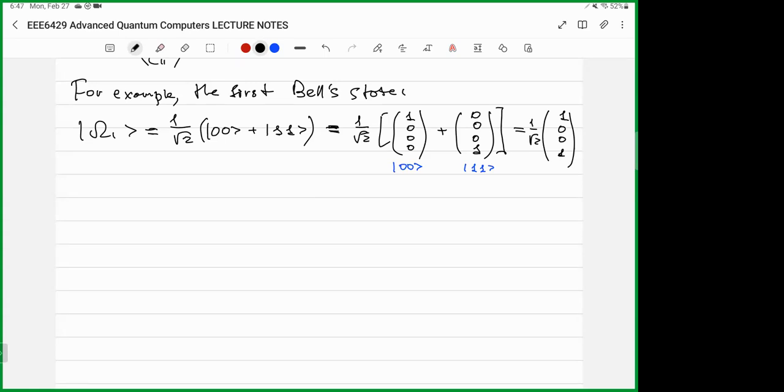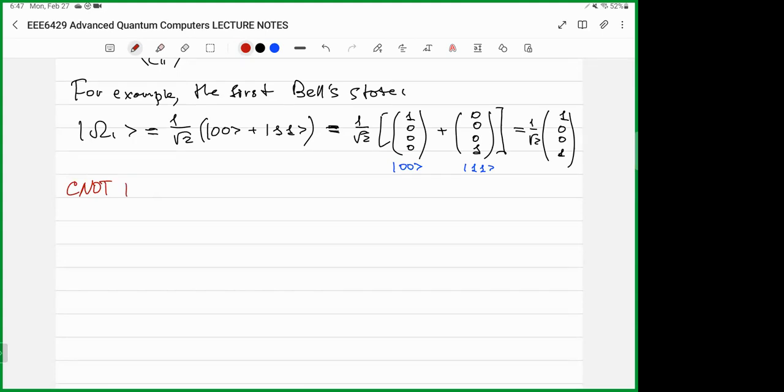And the two qubit gate, which acts on states like this one that we consider, is the so-called CNOT gate. Let's indicate that this is the two qubit gate.